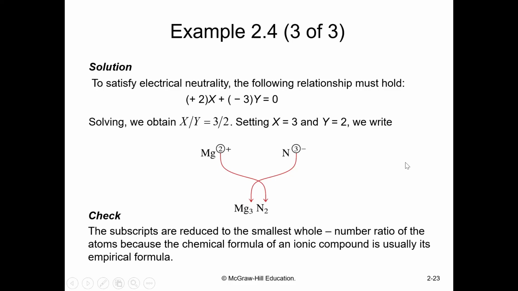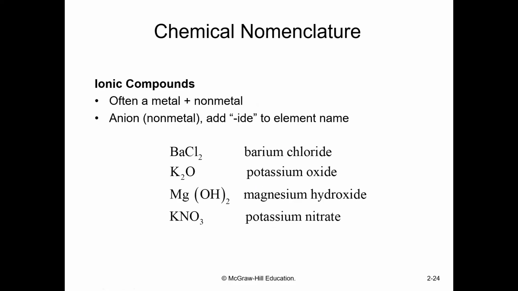I don't like people to use crisscross because there's going to be some times when it doesn't work out. The bottom line is know your nomenclature. If I give you BaCl2, you can give me barium chloride. If I give you barium chloride, you can give me BaCl2, and vice versa for all of this. Your nomenclature is just like you're talking your native language.